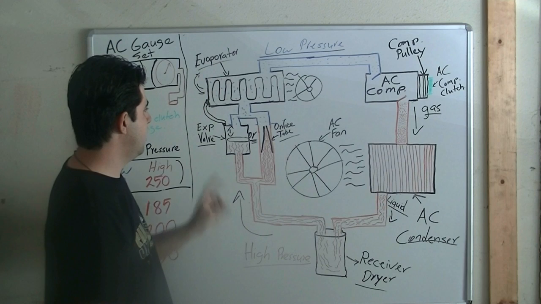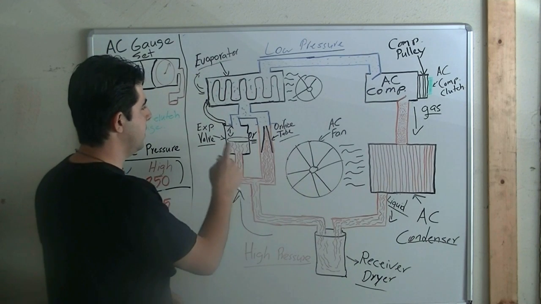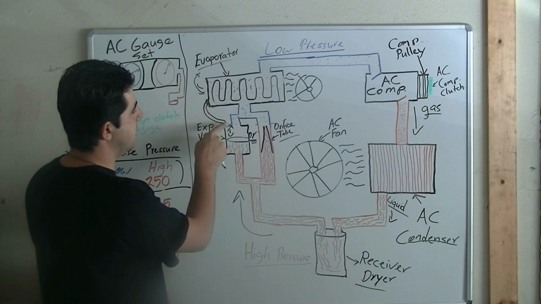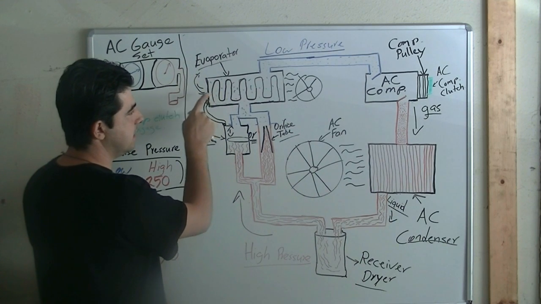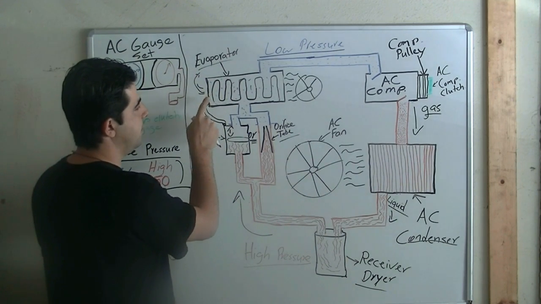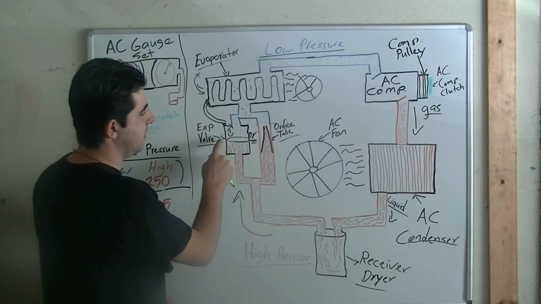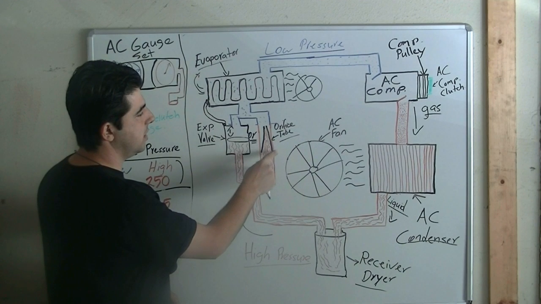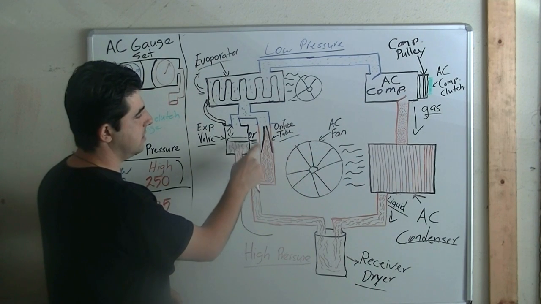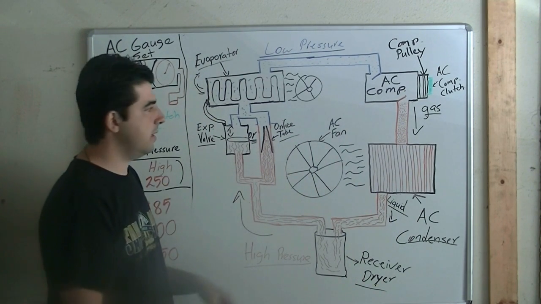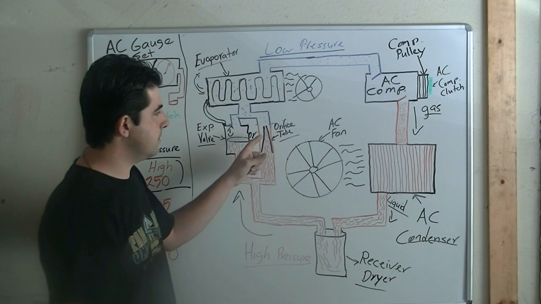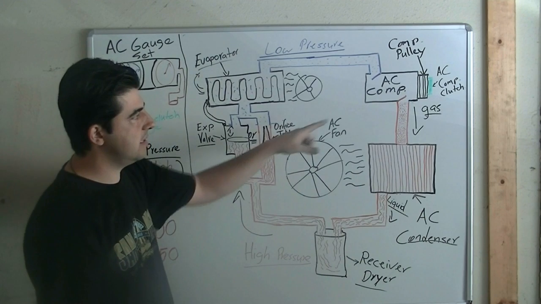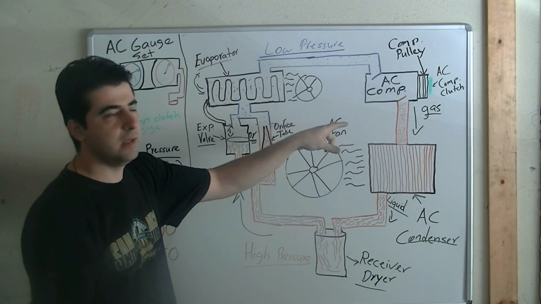One thing to mention is that if your car has an expansion valve, it has a sensor on your evaporator that senses the temperature of the evaporator, and it makes its own adjustment with a diaphragm that's inside there. On the other hand, your orifice tube does not make an adjustment because it doesn't have any moving parts, but the system is adjusted by your AC compressor clutch kicking on and off.